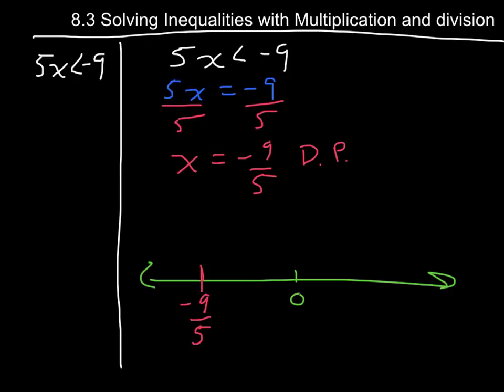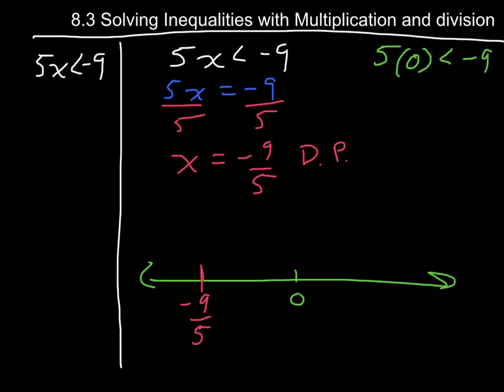Okay, so what I'm going to do is I plug 0 right here back into this original inequality. So way back at the top, I'm going to say 5 times 0 is that symbol, -9.